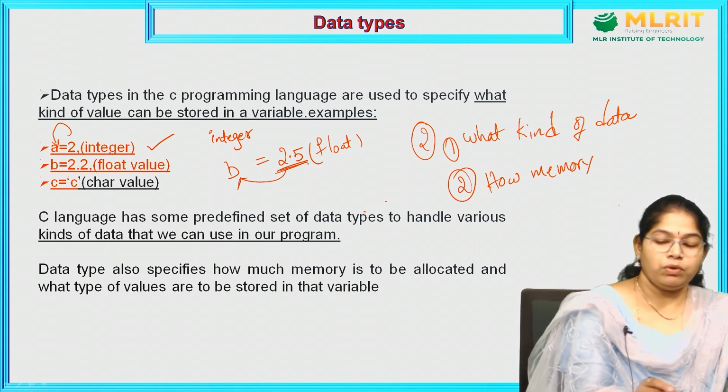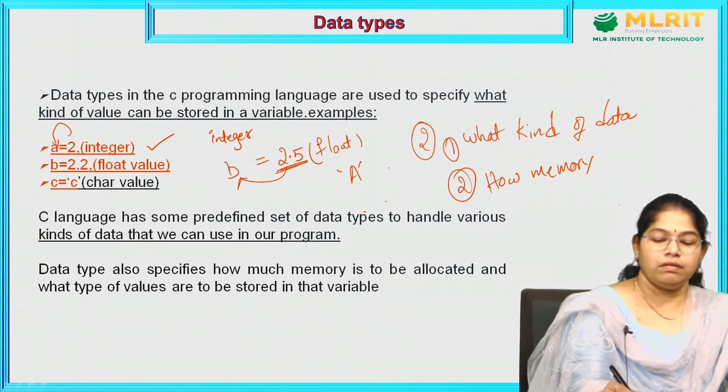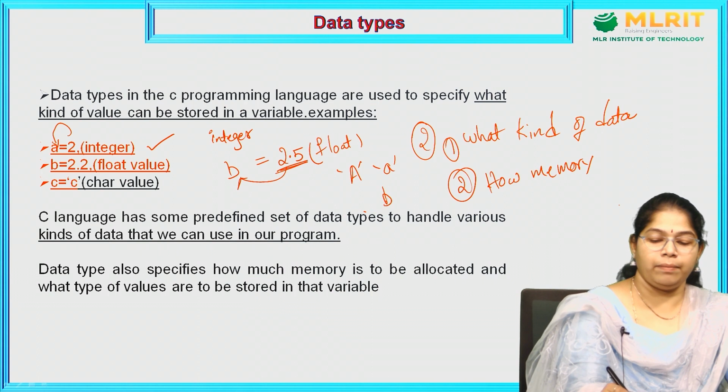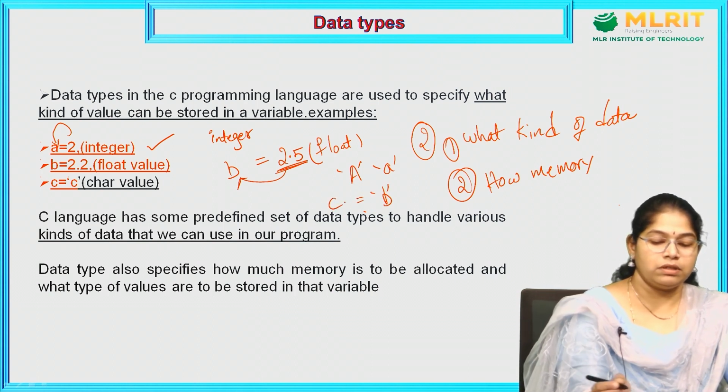Then if I want to store a character value like A or B, this can be stored into a variable called C, which is of character type.